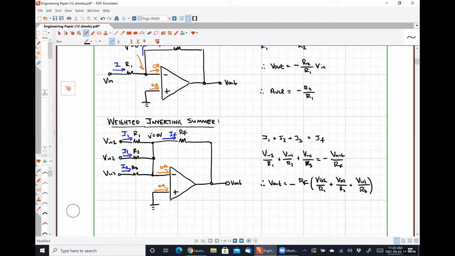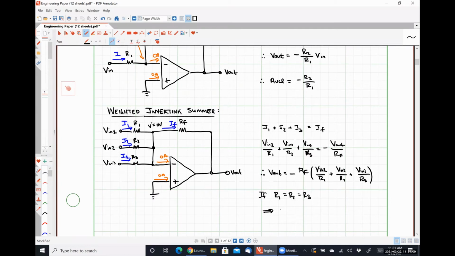We can make an inverting summer by setting R1, R2, and R3 all equal to the same value, right? So if R1 is equal to R2 is equal to R3, then Vout is simply negative RF over, I'm going to call it R1 just for argument's sake, times Vn1 plus Vn2 plus Vn3.